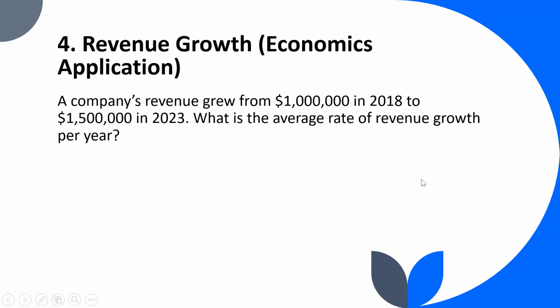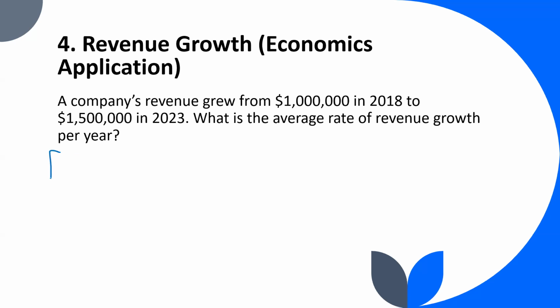You're going to do a revenue growth economics application. A company's revenue grew from 1 million in 2018 to 1.5 million in 2023. What is the average rate of revenue growth per year? Go. My independent here would be the year.